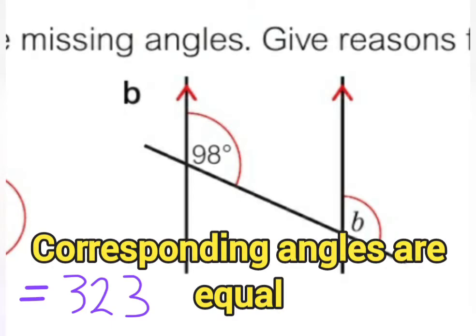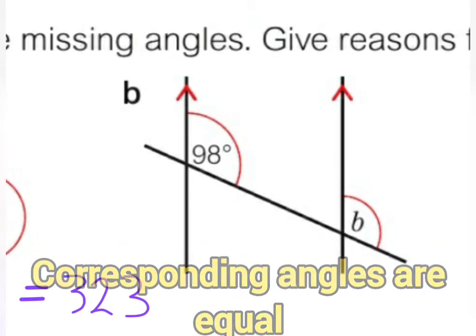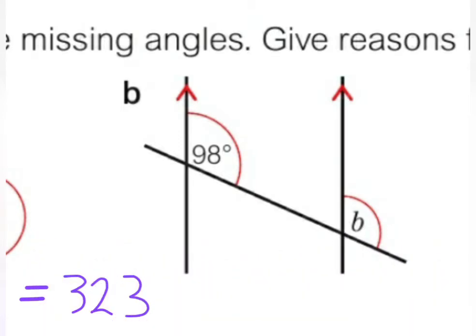Corresponding angles are equal. What is the meaning of corresponding angles? Some say they are angles that form the letter F together. And other people say that they are the same angle when you move it.